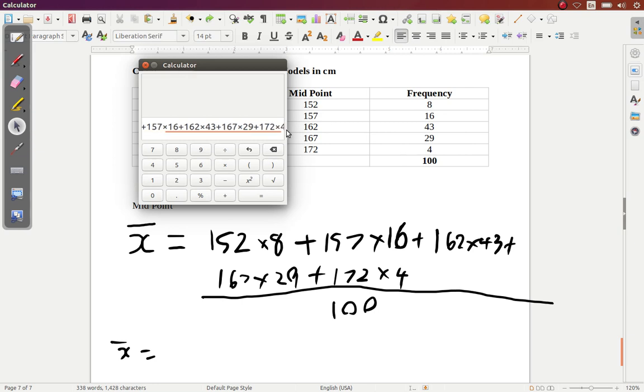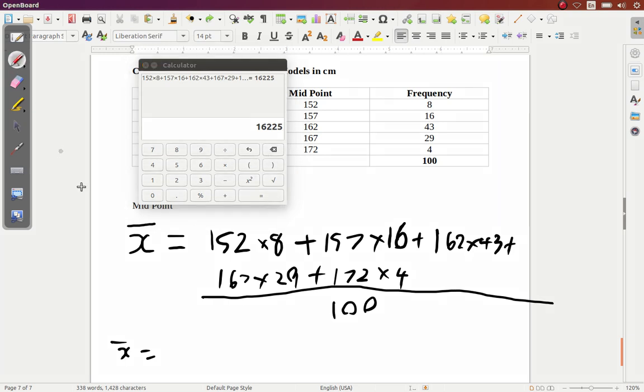So we have everything here equals 16,225. So that gives us 16,225 all over 100.